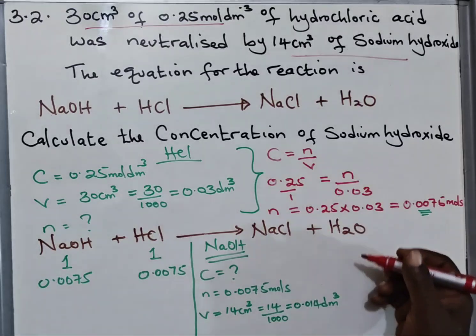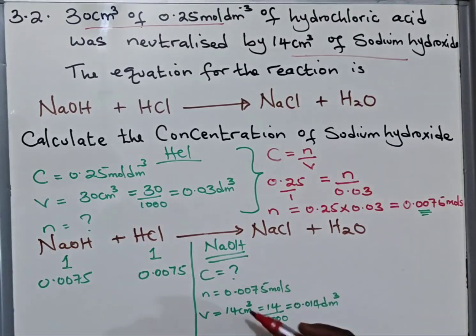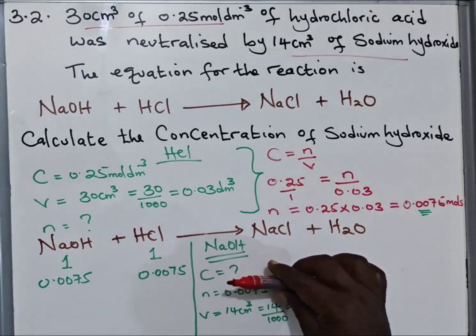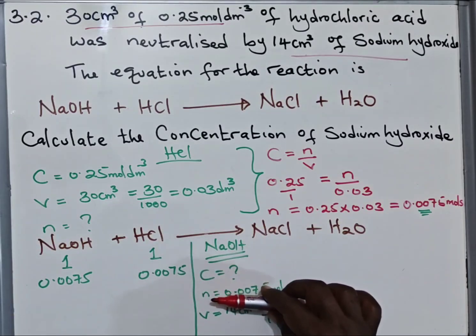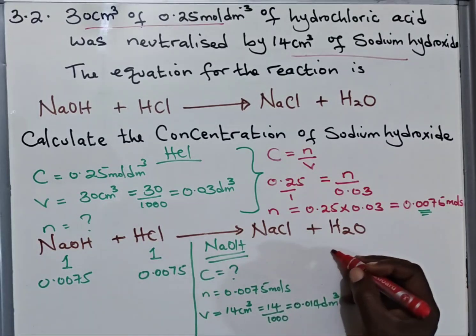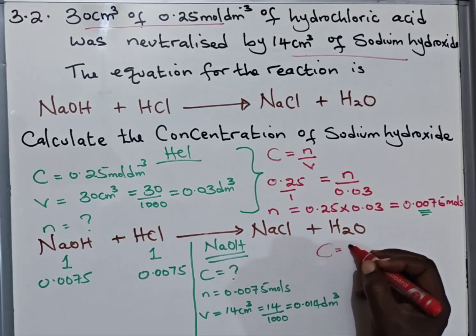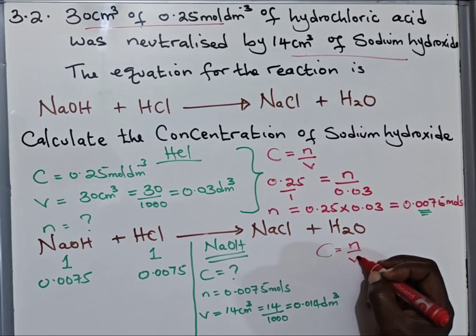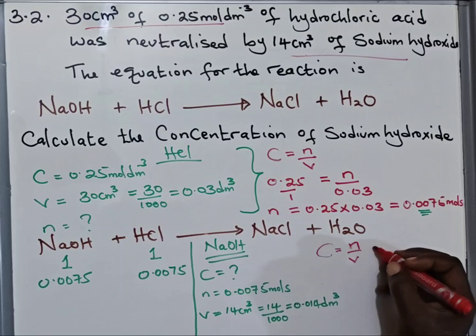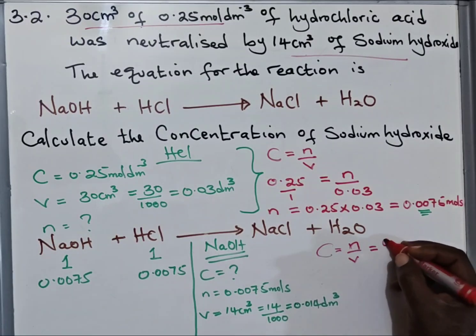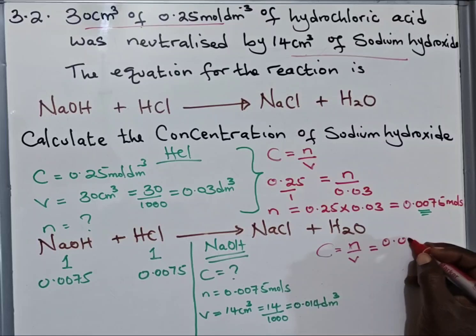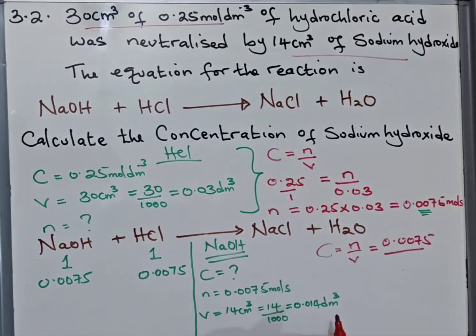So with that information, we go ahead and find our concentration. The relationship we are supposed to use must be between these three: concentration, number of moles, and volume. And that one is C equals N over V. So here, do we know N? Yes, it is 0.0075. Do we know V?